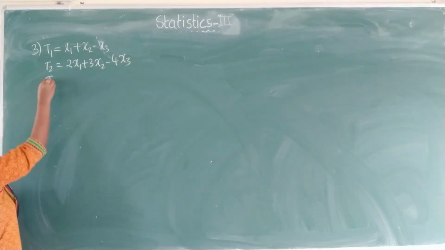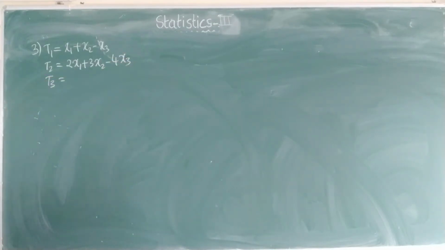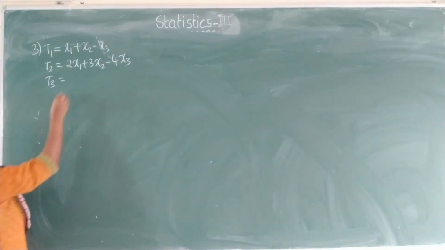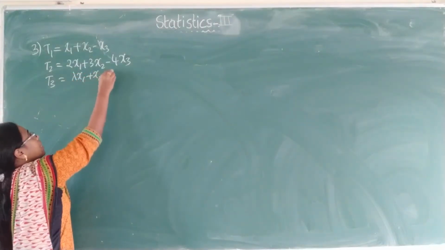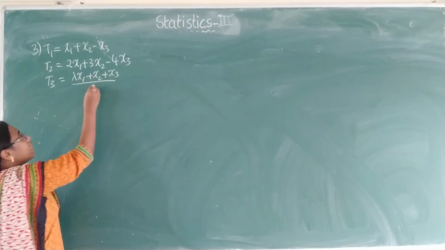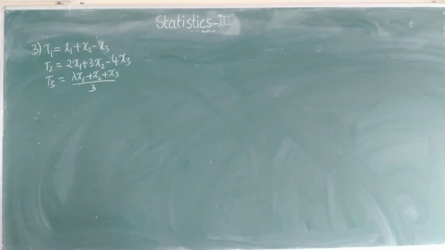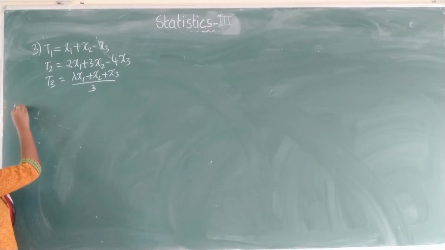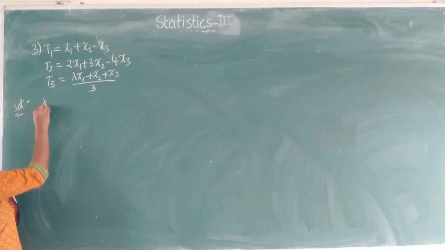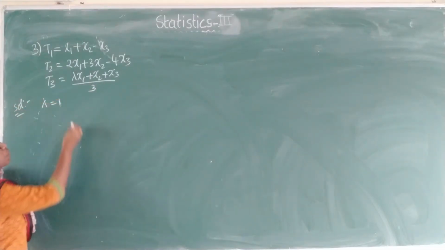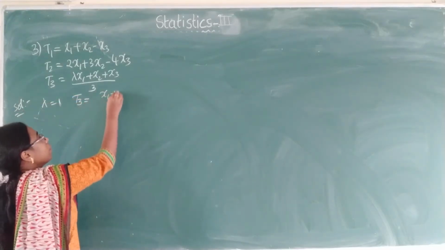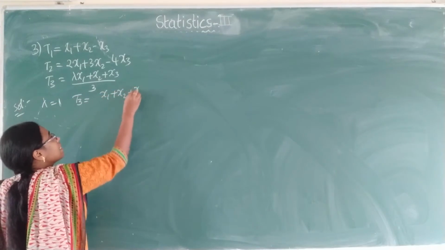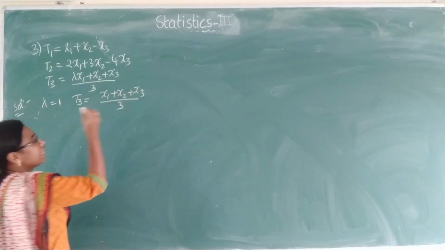And T3 value was T3 equals lambda x1 plus x2 plus x3 divided by 3. From our previous bit we got that lambda equals 1. So if lambda equals 1, T3 equals x1 plus x2 plus x3 divided by 3.